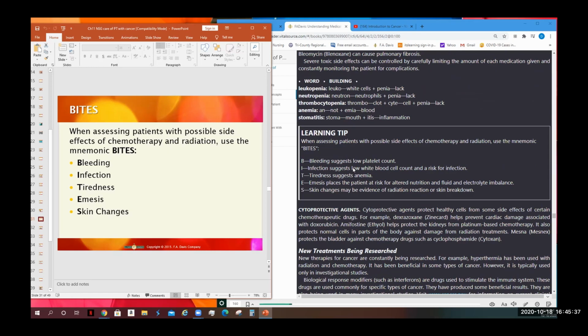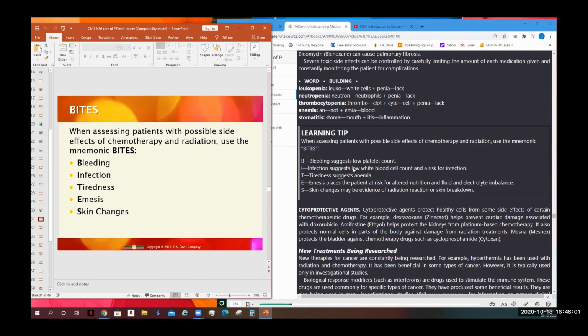T, tiredness, suggests anemia. E, emesis, places the patient at risk for altered nutrition and fluid and electrolyte imbalance. And then S, skin changes may be evidence of radiation reaction or skin breakdown.